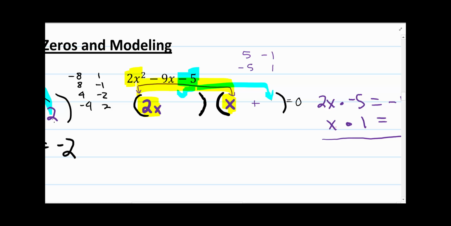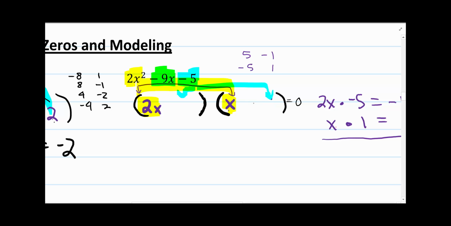So if we put +1 here and -5 here, look what happens. 2x times 1 is 2x. -5 times x is -5x. When you add those two together, you get -3x, but what are they supposed to add up to? They're supposed to add up to -9x. So that one will not work.